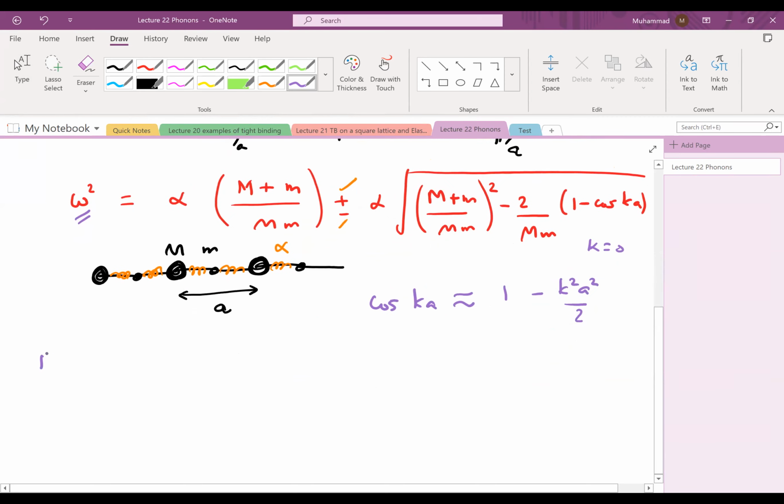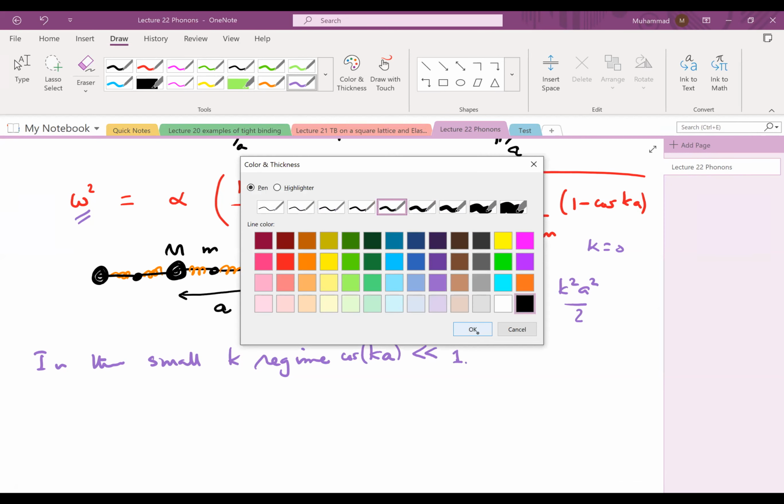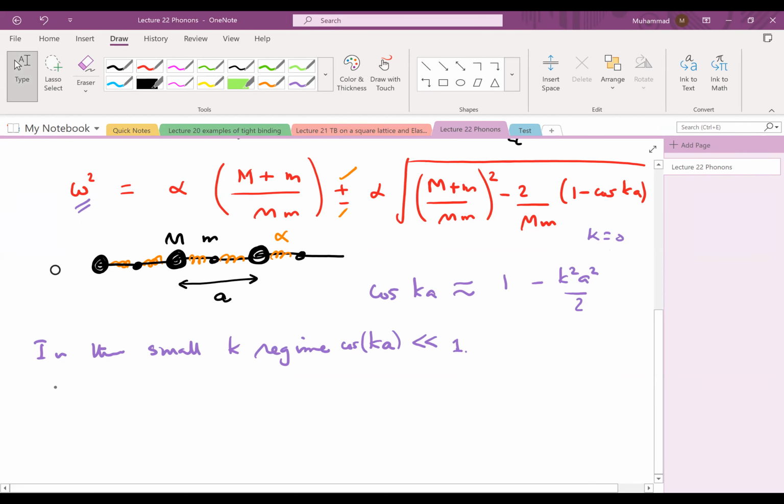So in the small k regime, that is ka is much smaller than 1, let's see what happens to the acoustic branch.